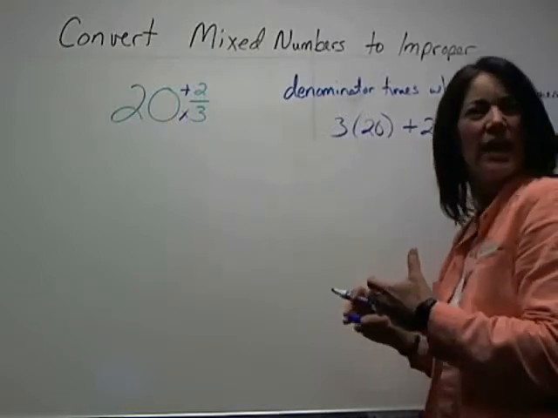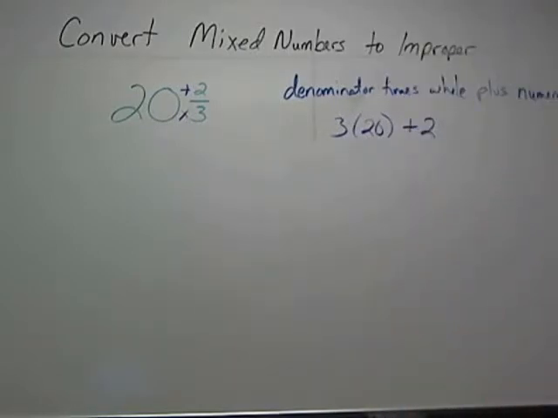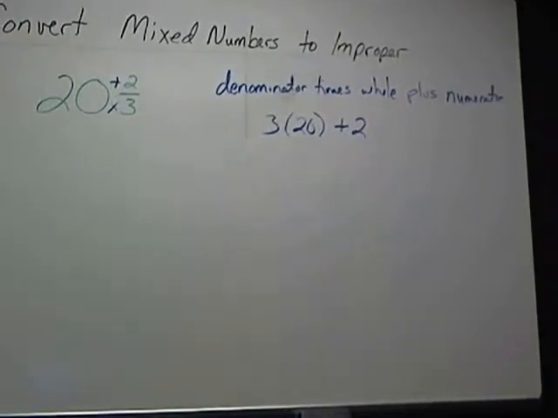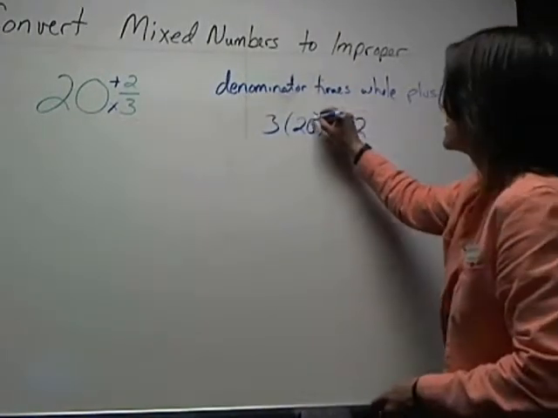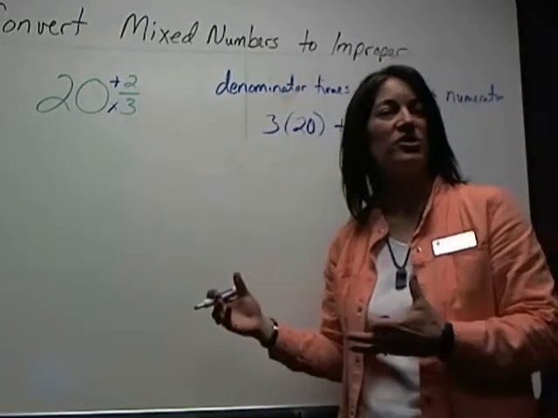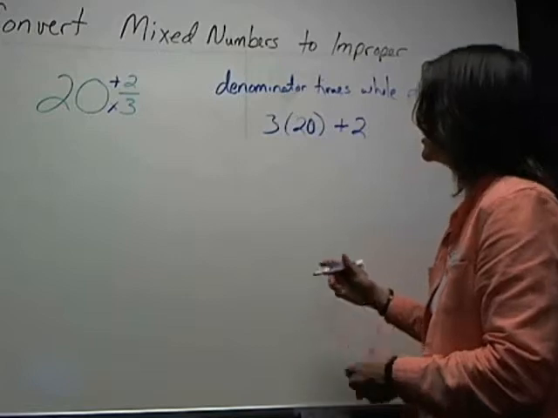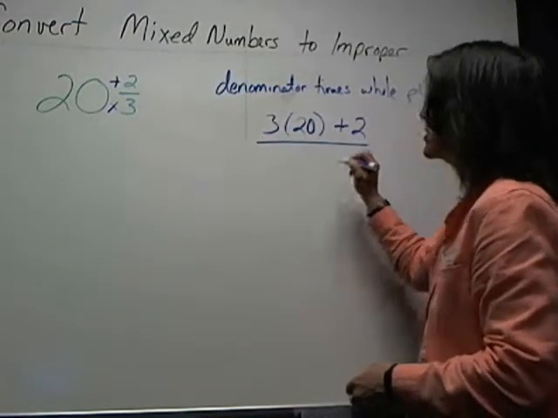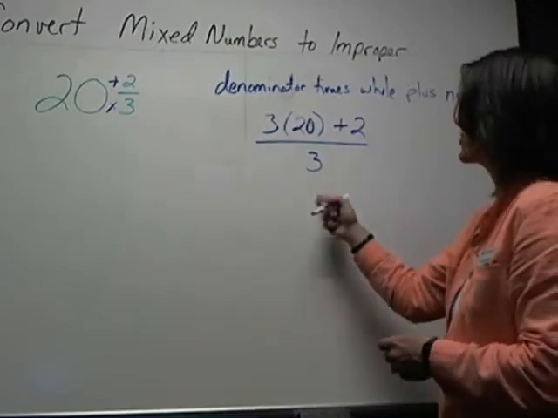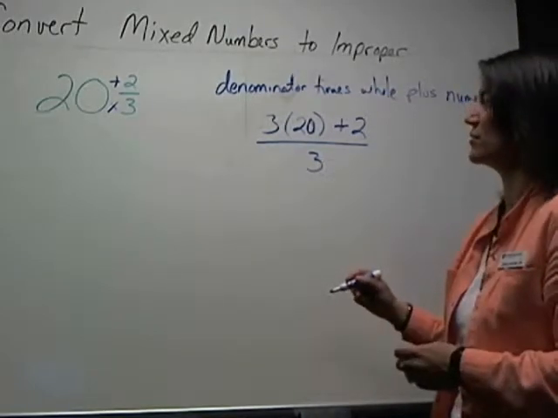But now we have to remember that this is still a fraction. And in order to be a fraction, we have to have a denominator. So it's going to be all over the denominator. Don't forget that you still have that denominator.